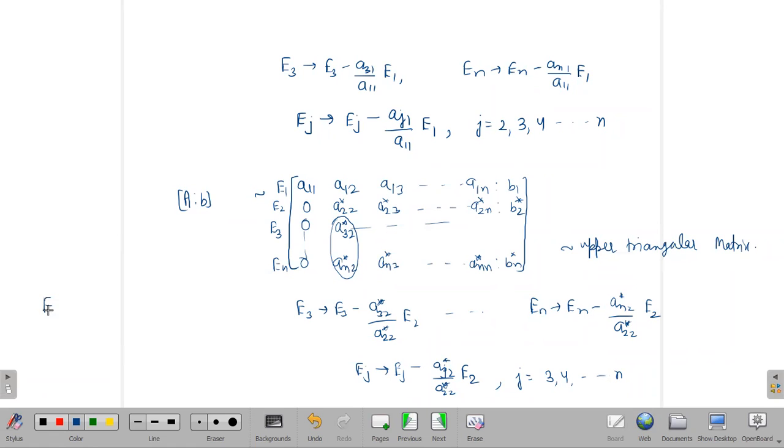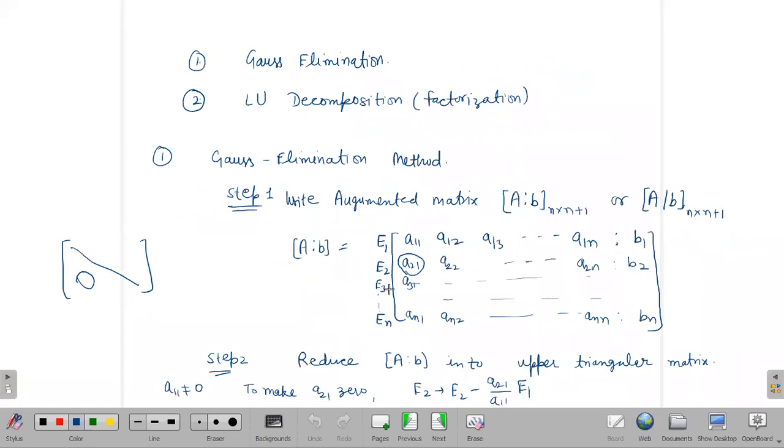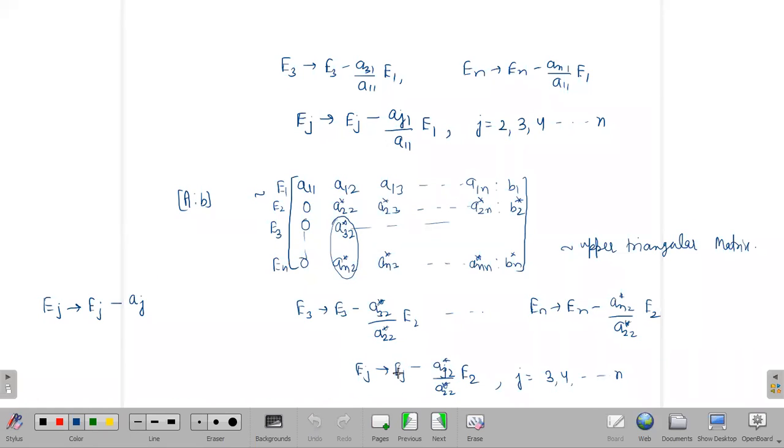So I can write Ej minus Aji, because here I have taken one operation which will make these elements 0. And here I have used this operation as a general operation to make these elements 0. So here I have used E1 as a row, then E2 as a row. Now E1, E2 will also be generalized.